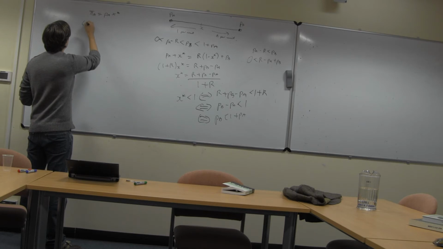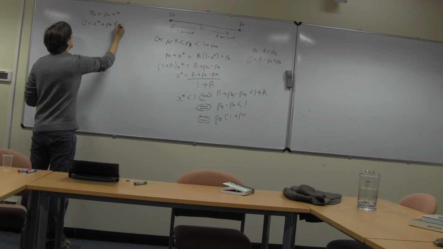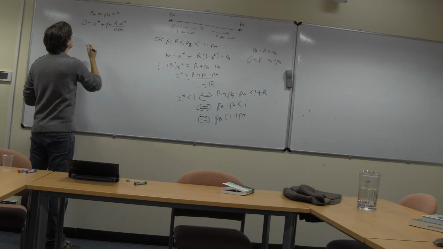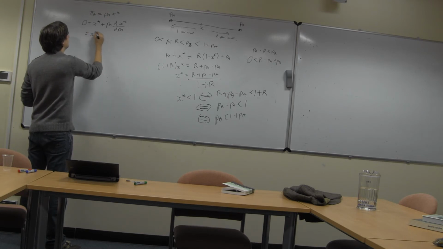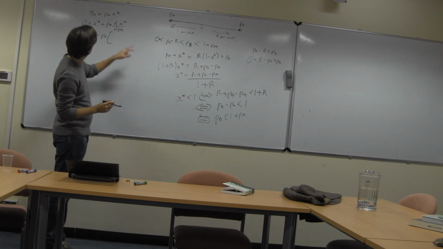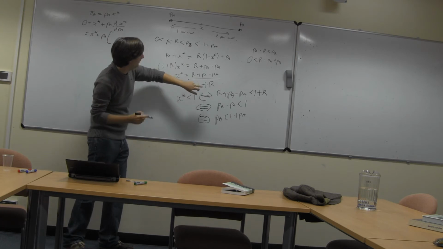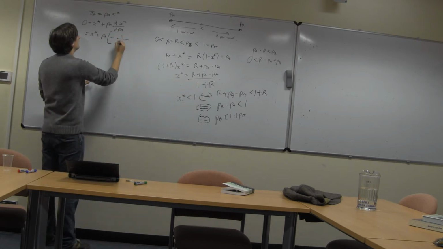The first order condition is going to say derivative of this times that, so X star plus this times the derivative of that, PA times derivative of X star with respect to PA. And that's just X star plus PA times, what's this thing? The derivative of X star with respect to PA is minus 1 over 1 plus R.